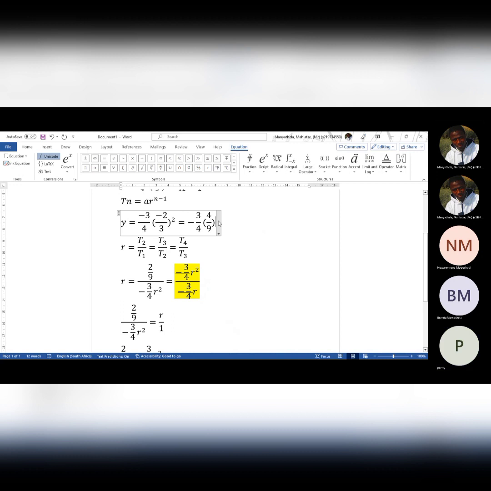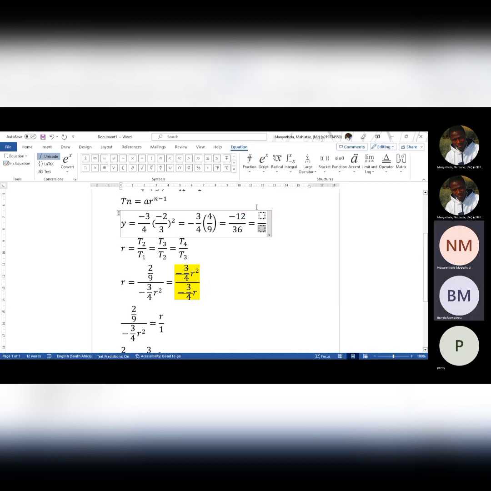So 3 times 4 is 12, and 12 over 36 simplifies.